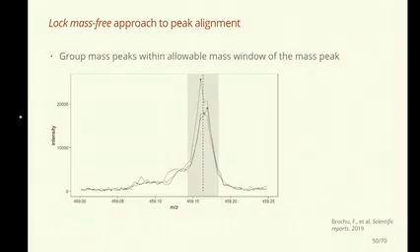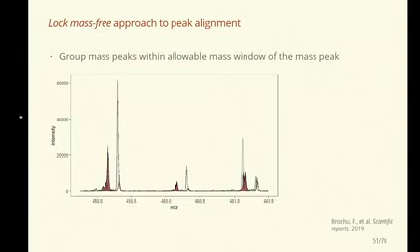Then within a small ppm window, start grouping peaks which are within this spectral representation window, but only within this window and not outside, so as not to group mass peaks which do not belong there. So the mass window has to be quite small, not to overlap with other mass peaks.